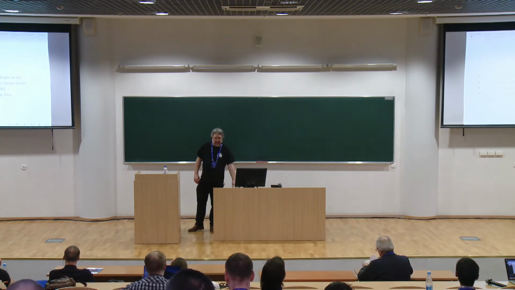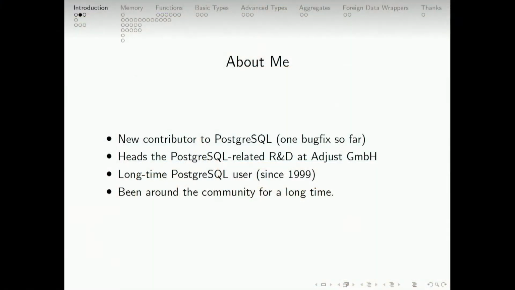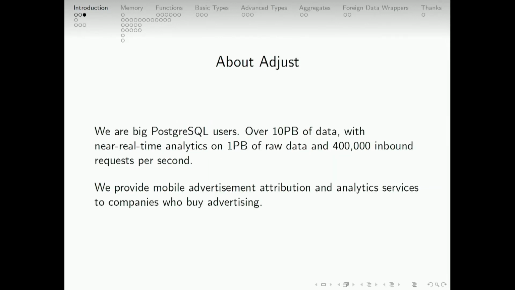I've been around the community for a long time, everything from accounting software to custom extensions and things like that. And currently, I head the database team at Adjust. The core of our business is refereeing advertising contracts. Our servers have about 500,000 inbound requests a second that we have to process and handle.